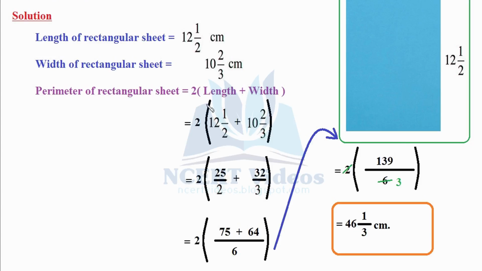in this manner. So the formula is twice of length plus width, or you can say length plus breadth, the same thing, and 2 as it is, just plugging these things both here. Now converting it, 12 twos are 24 plus 1 is 25 over 2, and 30 plus 2 is 32.